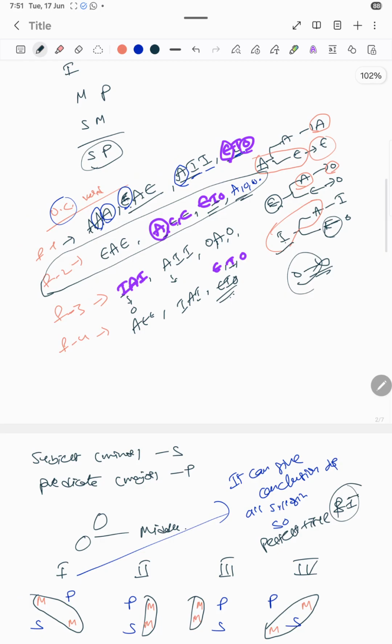In the first combination AAA is all the same, so we are considering AEE. Then in the second combination, EAO, EEO, the O is the same, so we are not considering that. And here we are considering both the forms, IAI and EIO. So that is how it becomes figure 4.